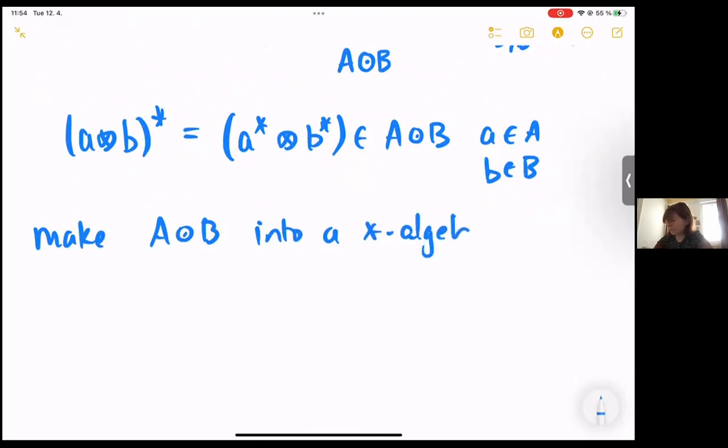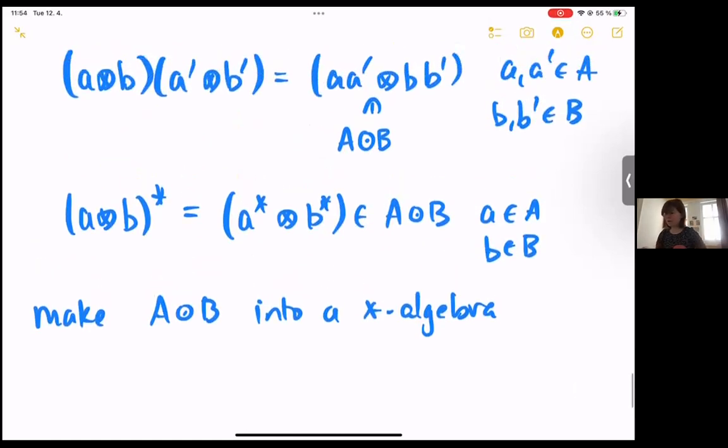And in fact, these are, in a sense, the unique multiplication and involution that extend the multiplication and involution in A and B in a reasonably suitable sense. So there are other ways of defining an algebra on the tensor product.